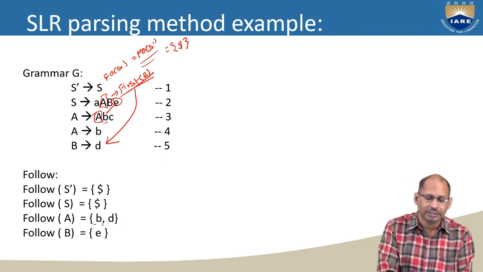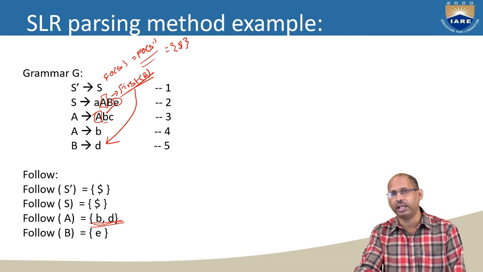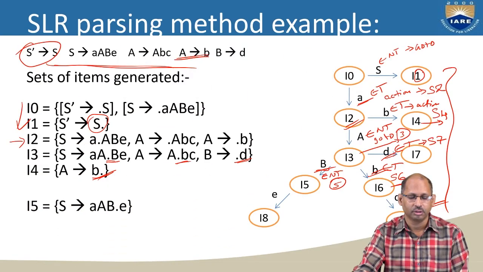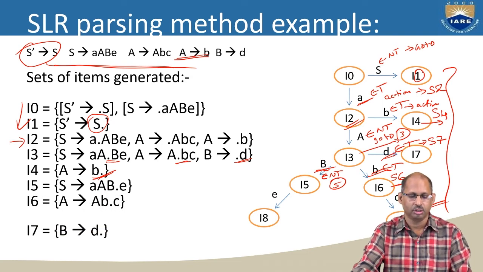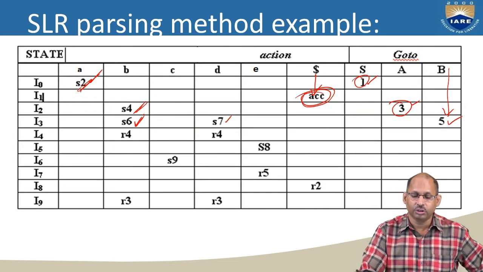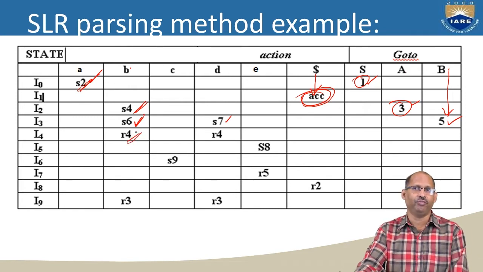Follow of A is B and D. So in place of B, we write reduce by production number 4.